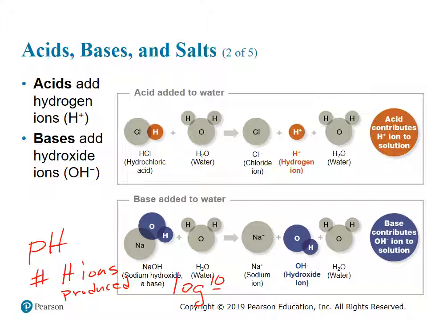Log base 10 means every single step is a tenfold change, up or down. So if you have one molecule, it's pH 1. pH 2 means you have 10 molecules. pH 3 means you have what? 100. pH 4 means you have 1,000, 10,000, 100,000, million, 10 million, 100 million, etc. Those are molecules of hydrogen ions in a solution. That's what the pH scale tells us. Okay?